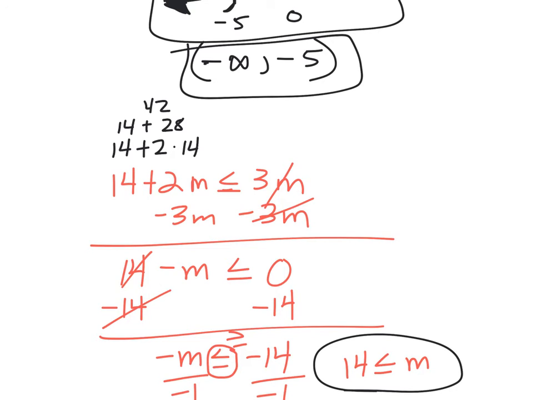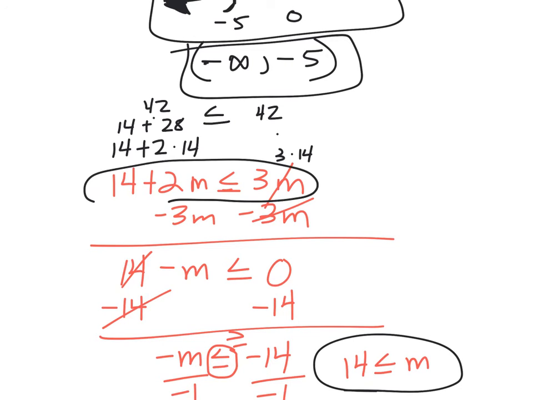If I put 14 in over here, 3 times 14 is also 42, and 42 is less than or equal to 42. So 14 made our original statement true, so I want to include it. That's why it gets a bracket.